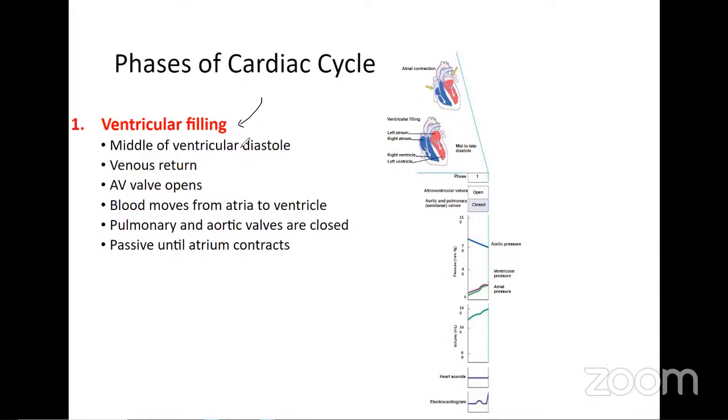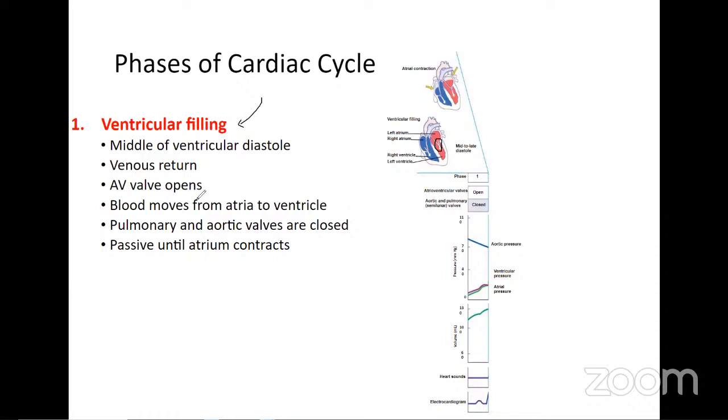What's happening here is we have blood returning to the heart, and blood coming from those atria and going into the ventricles. During this ventricular filling phase, we need the atrioventricular valves open, because otherwise we can't fill a ventricle at all.